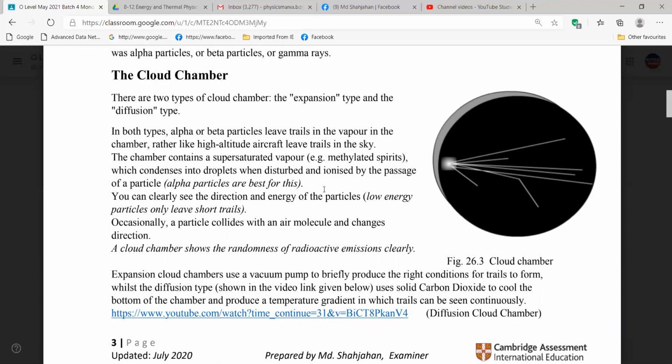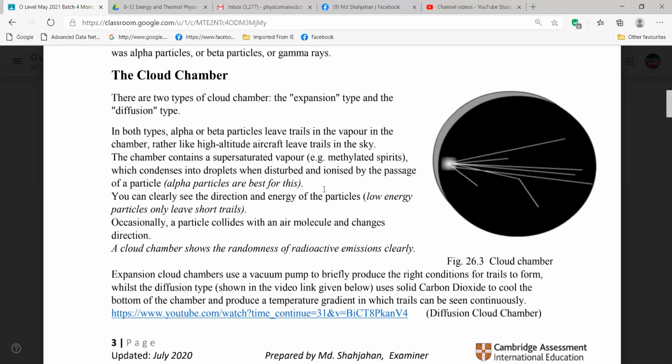Supersaturated means the vapor has reached the maximum limit it can contain, and we cannot add anything more from outside. That is called supersaturated. Is it clear? Yes, sir.